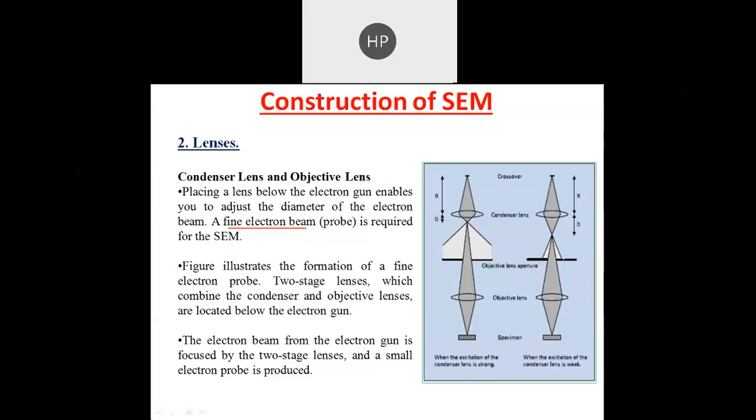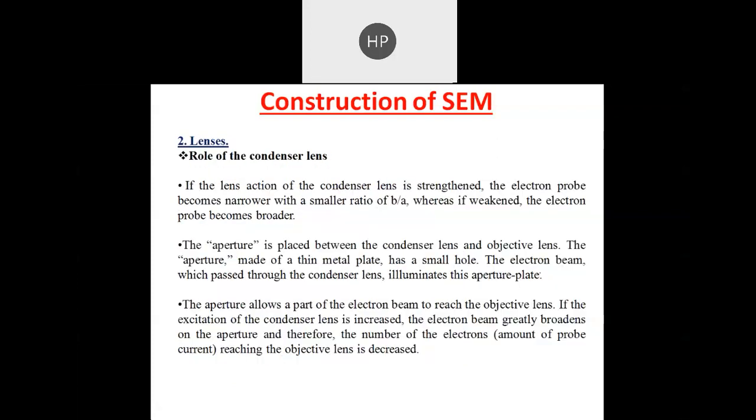Based on that, we are going to see how this objective lens and apertures will affect it. The electron beam from the electron gun is focused by the two-stage lens, and a small electron probe is required.